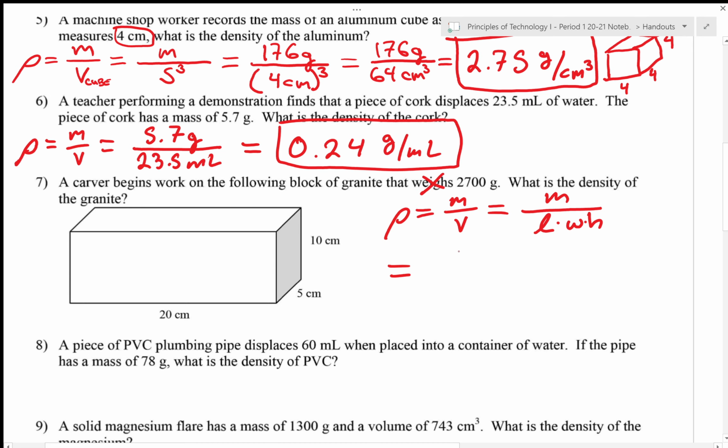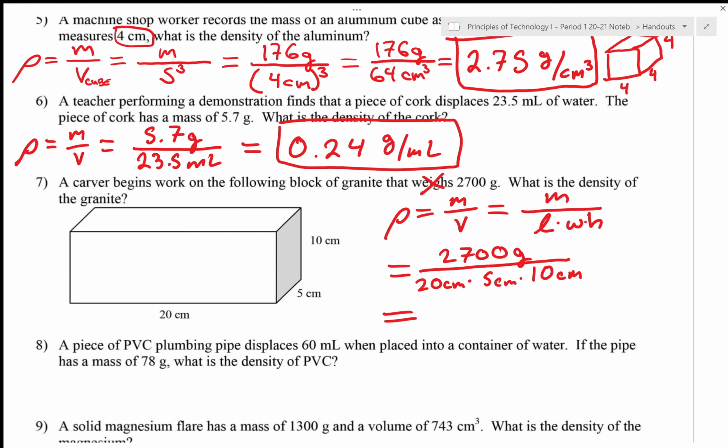Our mass is 2,700 grams. Our length is 20 centimeters. Our width is 5 centimeters. Our height is 10 centimeters. If we take 2,700 divided by 20 times 5 times 10, again, don't forget, I don't need parentheses here, but when you type that into your calculator, you will need them.